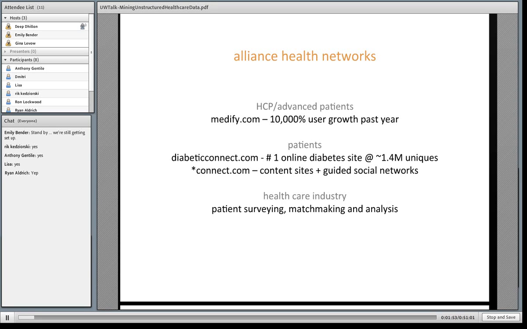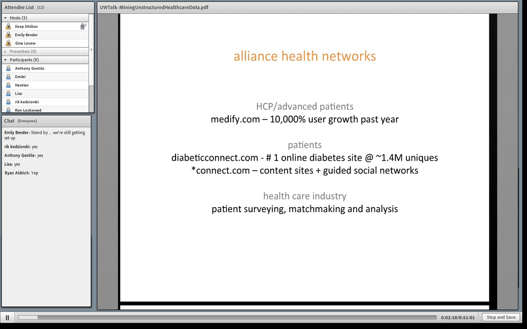We also have a number of condition-centric properties. One of the main ones is Diabetic Connect, which right now is the number one online diabetes site with approximately 1.4 million monthly uniques.